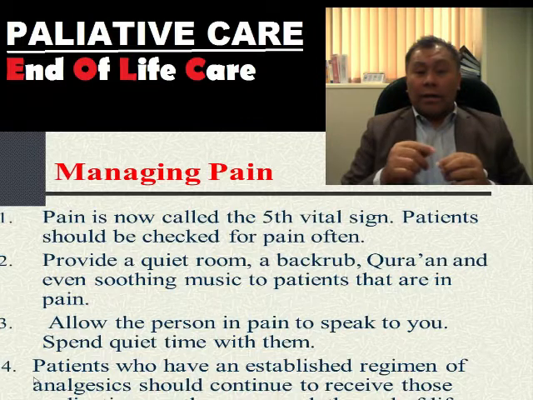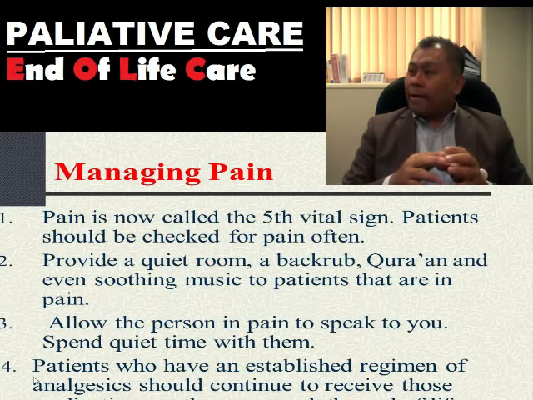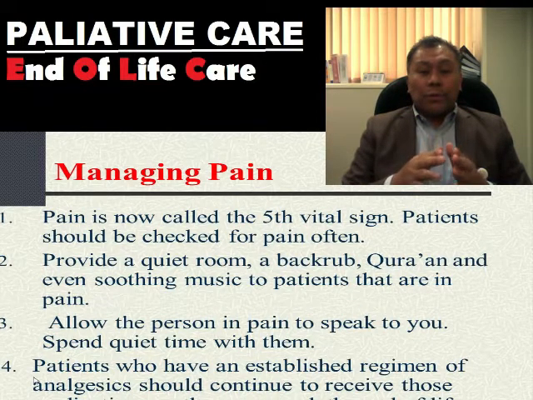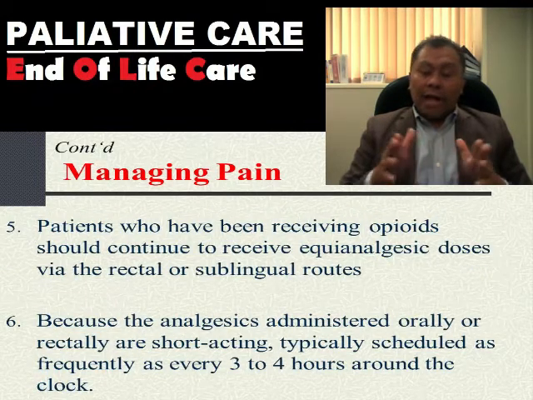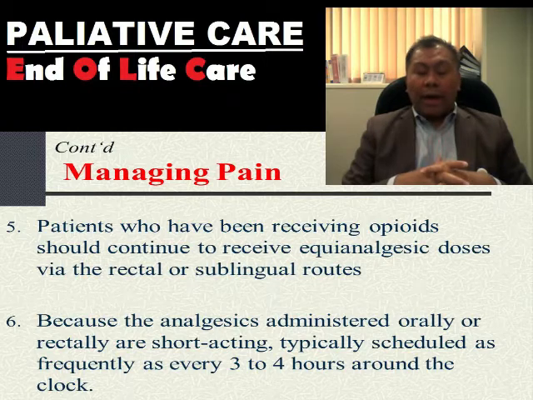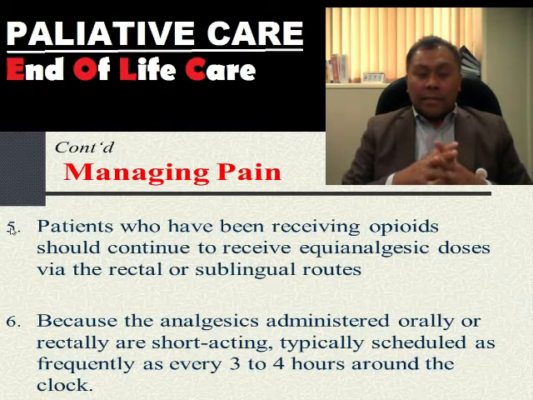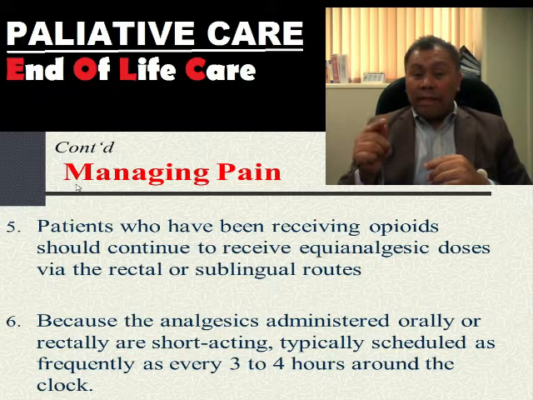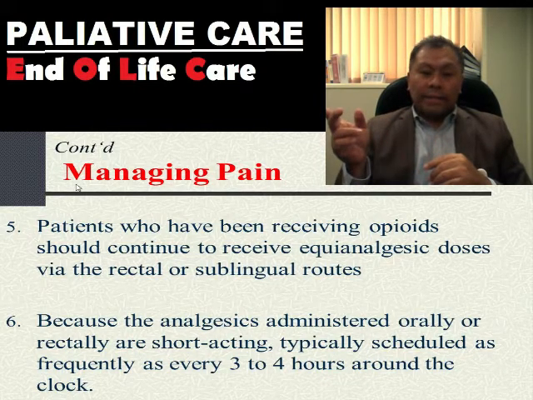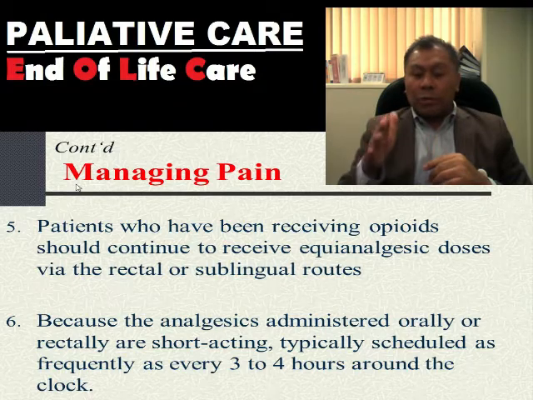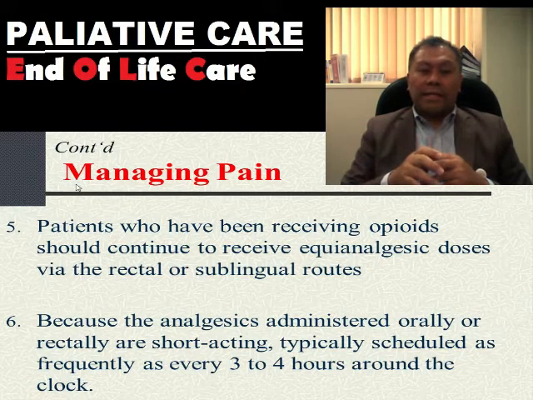Remember, class, when you use the categoric scale or numerical scale to find out the number of pain the patient is experiencing, 7, 8, 9 up to 10, or 8 to 10, that is severe pain to the worst pain that they experience.